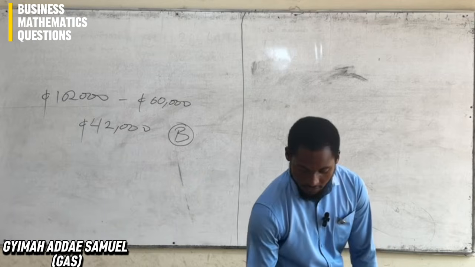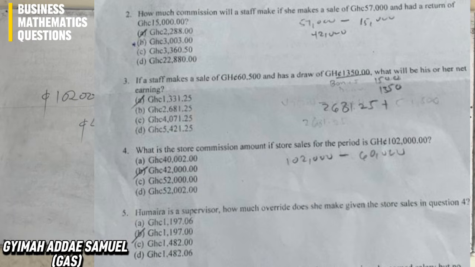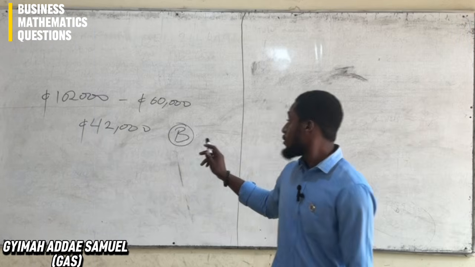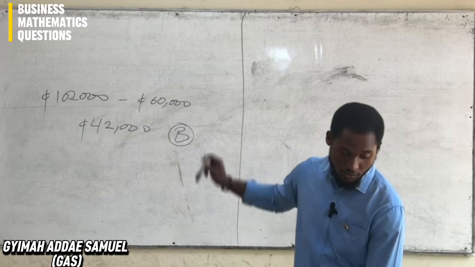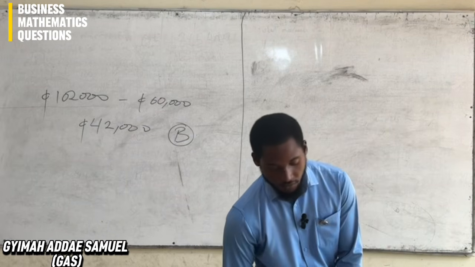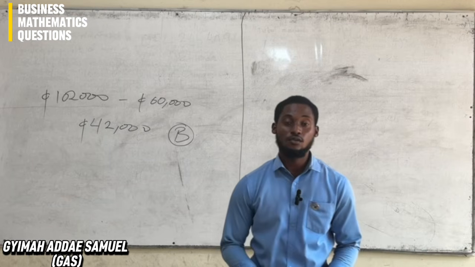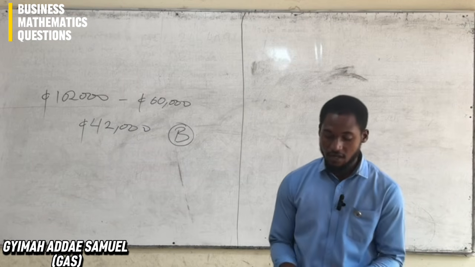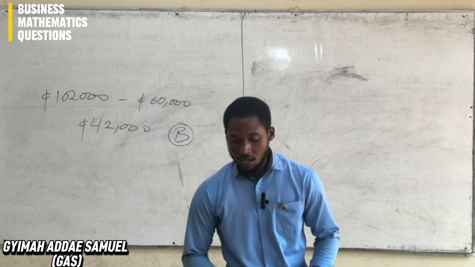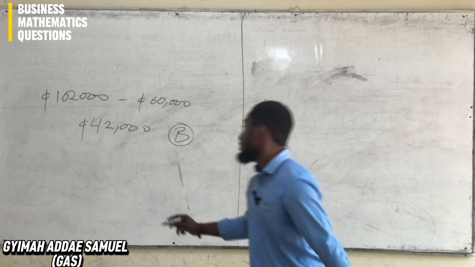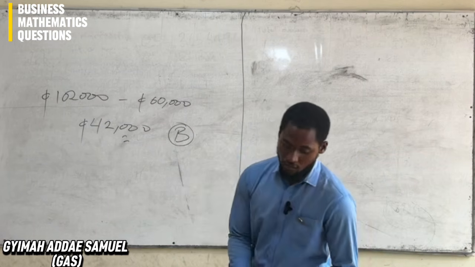So we proceed to question 5. It says Humira is a supervisor. How much override does she make given the store sales in question 4? So the store sales we have for question 4 is going to help us get the answer for question 5. So override is store commission amount times override rate. We already have our store commission amount to be 42,000.